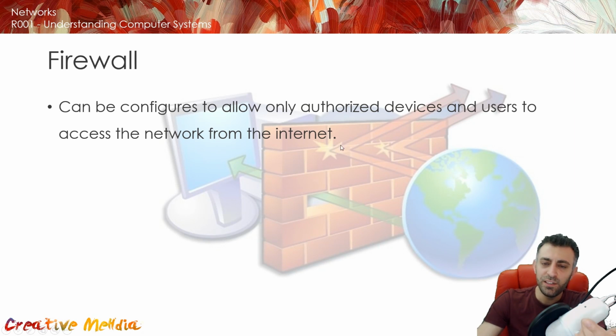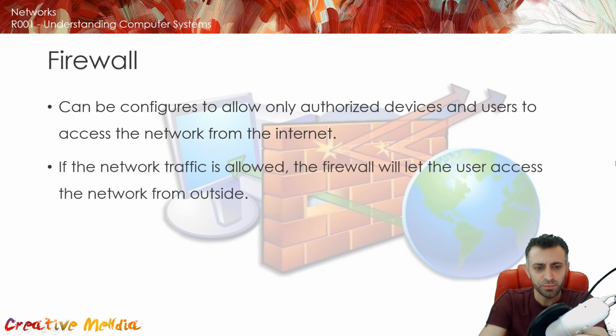Any IP address from an unknown device, it will block, and they will not gain any access to the network. So if network traffic is allowed, the firewall will let the user access the network from outside.